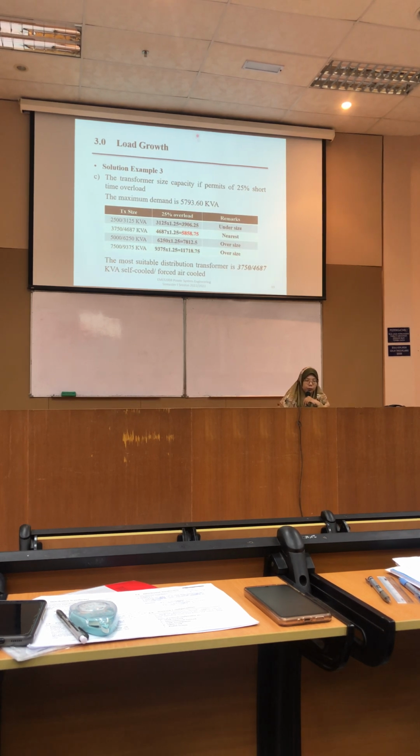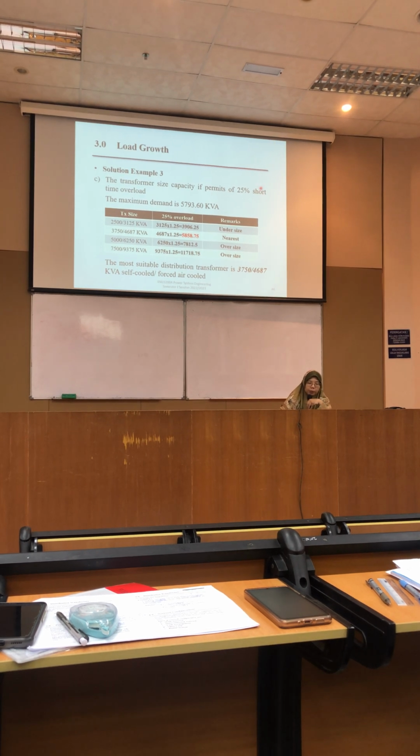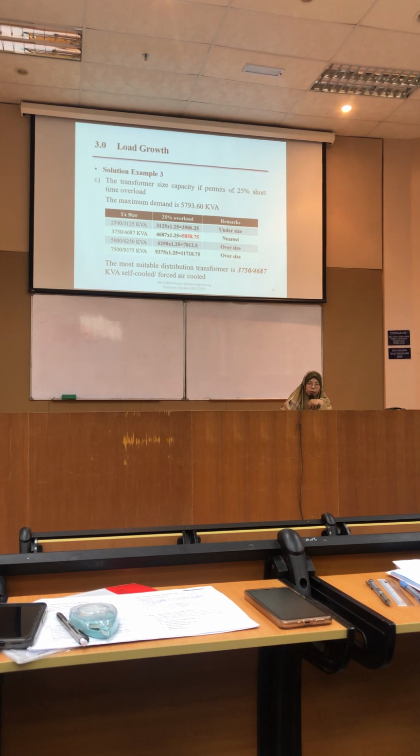Okay, so for the transformer size capacity, if it permits 25% short time overload, the maximum demand is 5793.60 kVA. So which one is nearest? If you have this type of transformer, the capacity with 25% overload for a short period of time, as compared to 3900, is it possible for the transformer to supply our maximum demand?